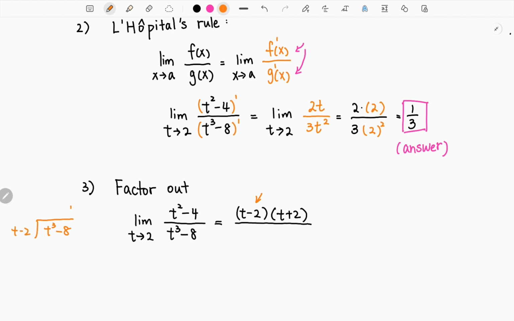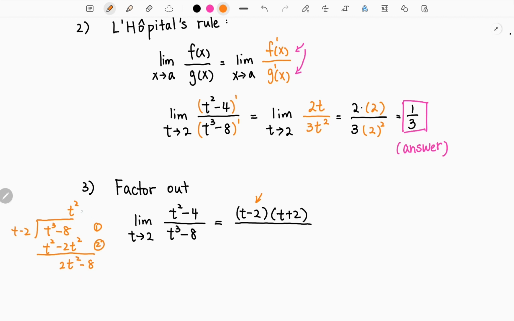Then I would have t squared here because t squared times t is t to the third. Then I have minus 2t squared. Then I use equation 1 minus equation 2. What we get? 2t squared minus 8.